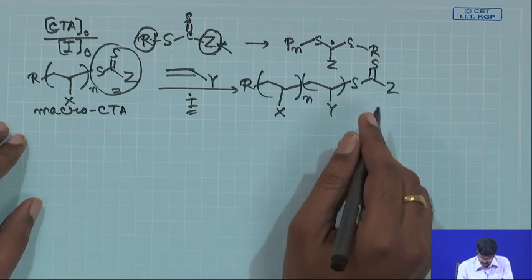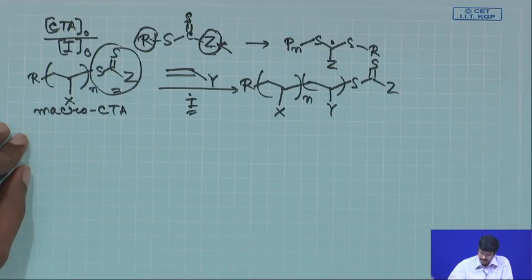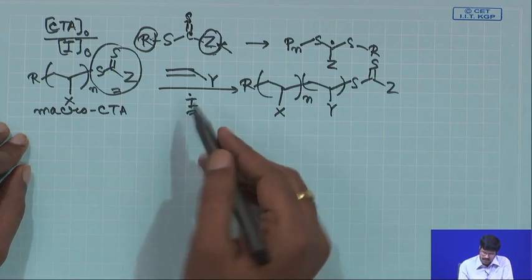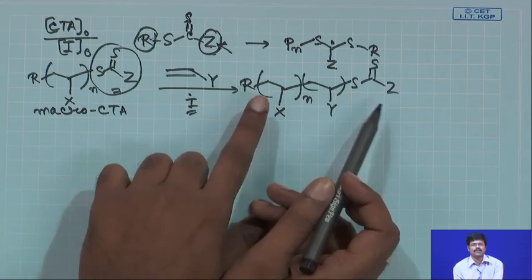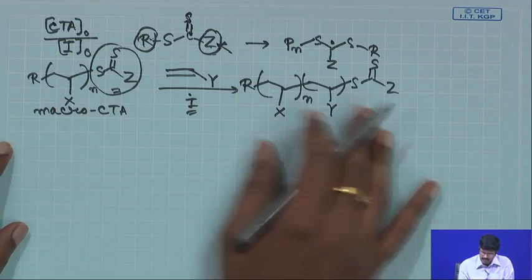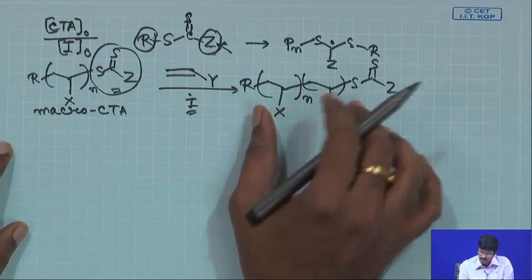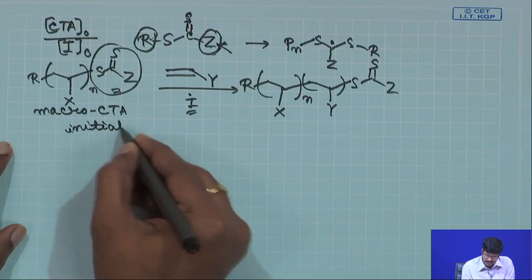Okay. Now, something that you have to keep in mind for this particular reaction is the choice of the monomers. So, which monomer to add first and which monomer to add second in order for a successful RAFT polymerization reaction. Typically, when you are making a diblock copolymer, initially you have an initiator, right.